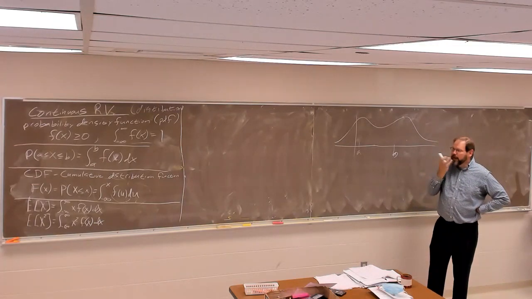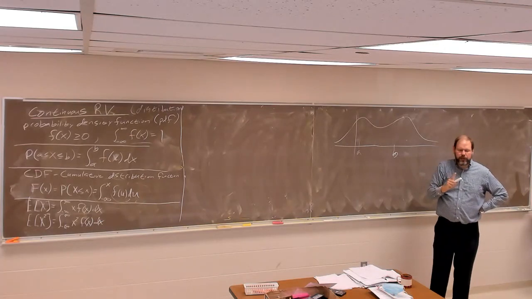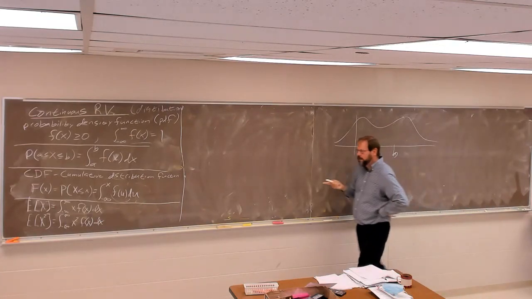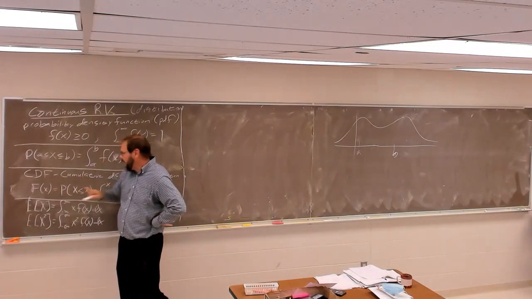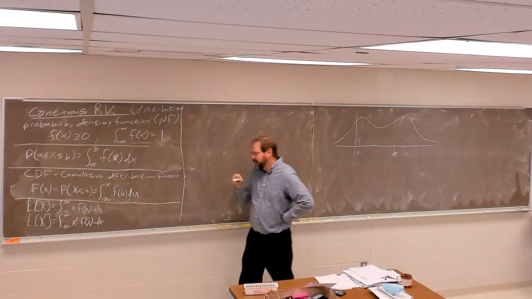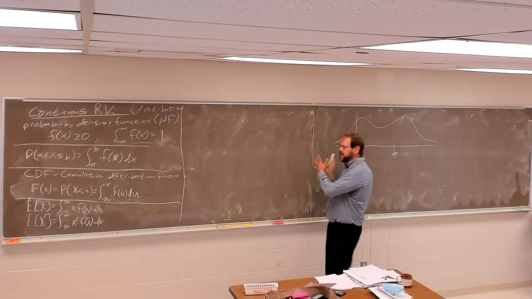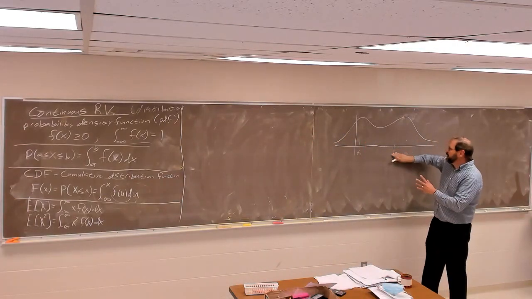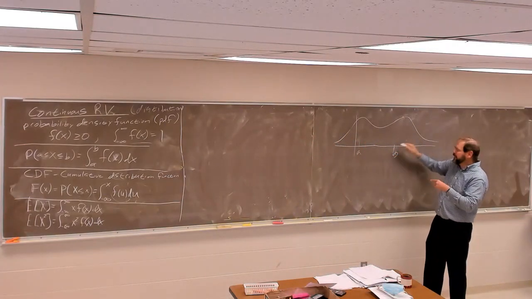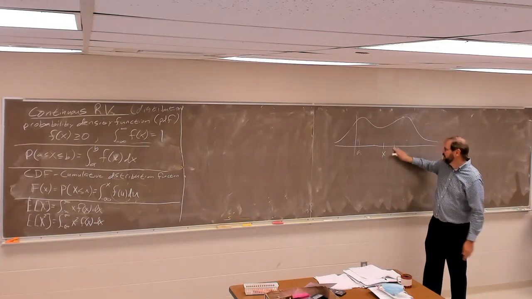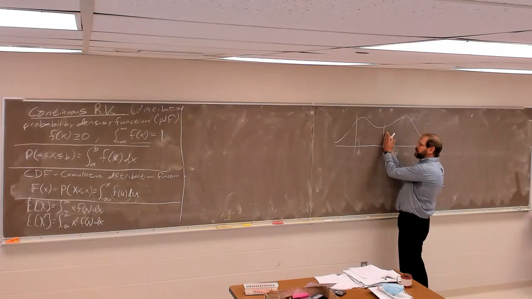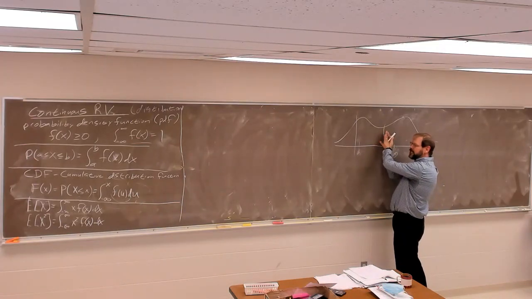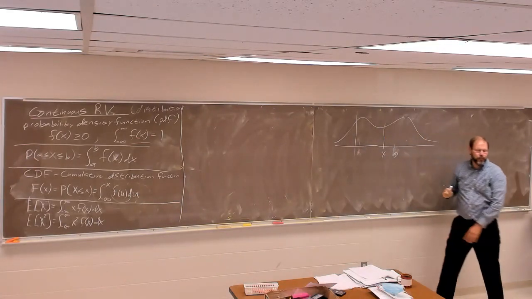We're going to be working more with the cumulative distribution function. Remember, the cumulative distribution function is this function capital F of x, the probability X is less than or equal to x. Let's say this is my probability density function. My cumulative distribution function tells me how much of my probability is to the left of a particular point x.